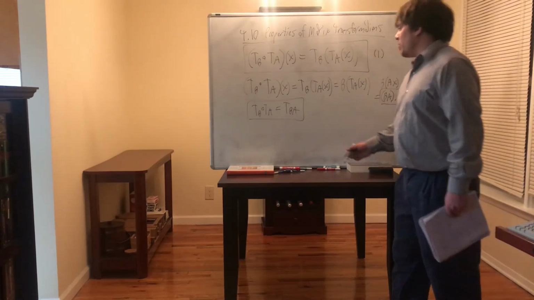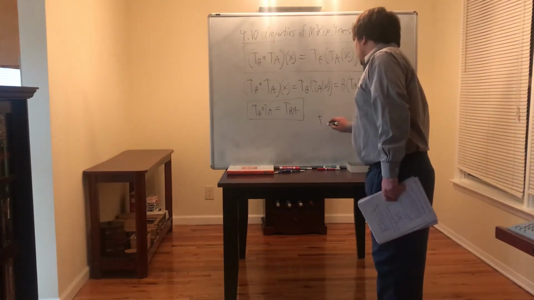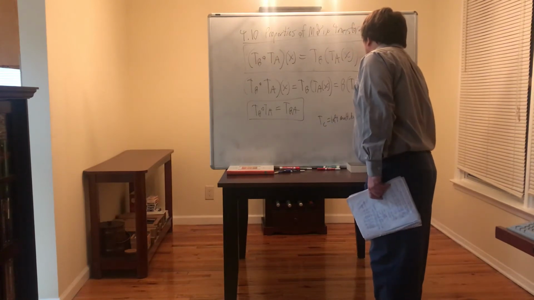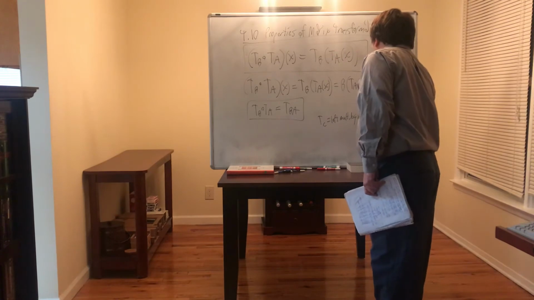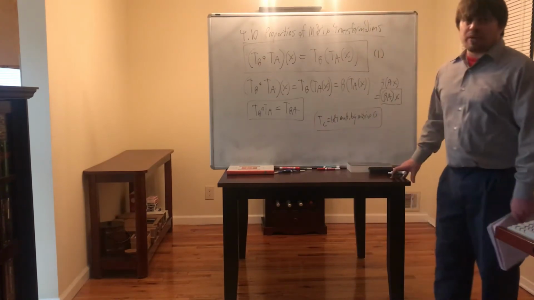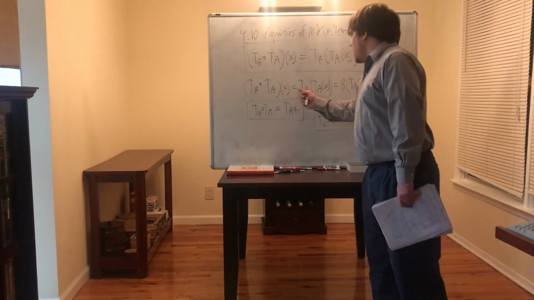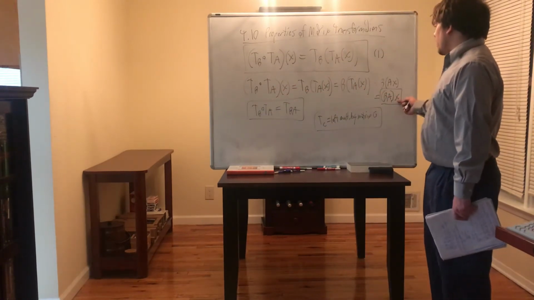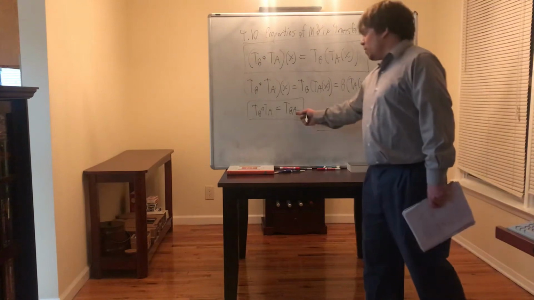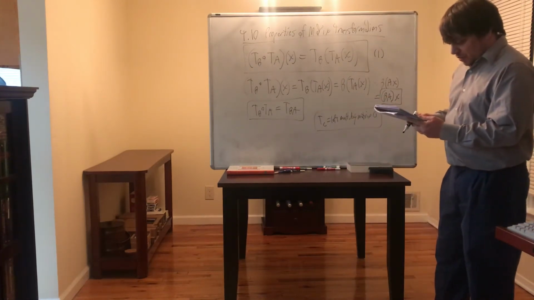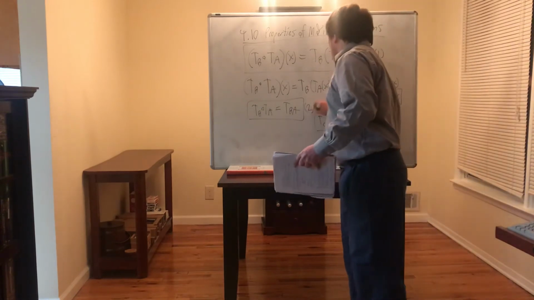So T sub C is left multiplication by matrix C. Okay, that's what T sub C is for an arbitrary matrix C. And so I showed that T sub B composed with T sub A is the same as left multiplying the vector X by BA, which is T sub BA. Okay, so that's what that just did. So this is equation 2 in 4.10.